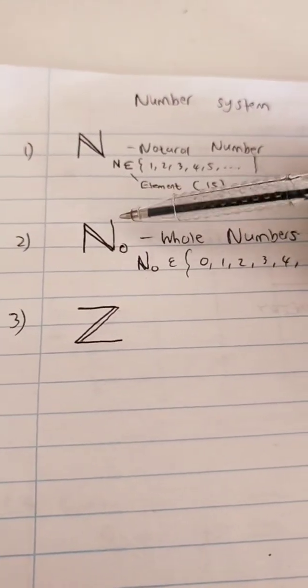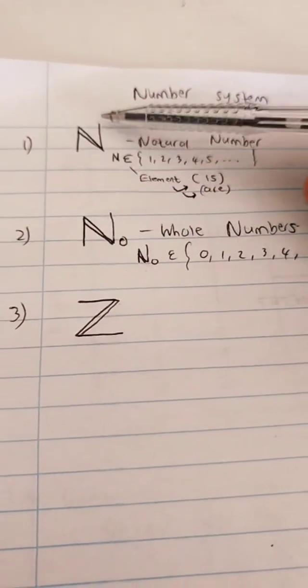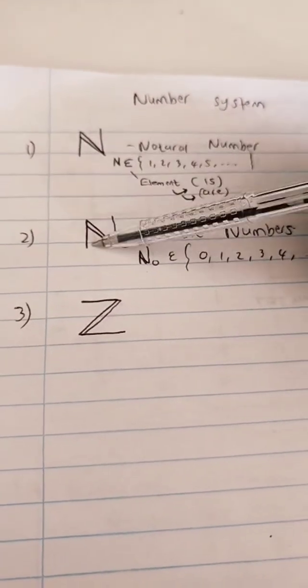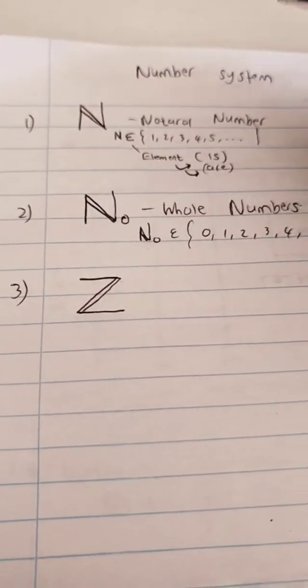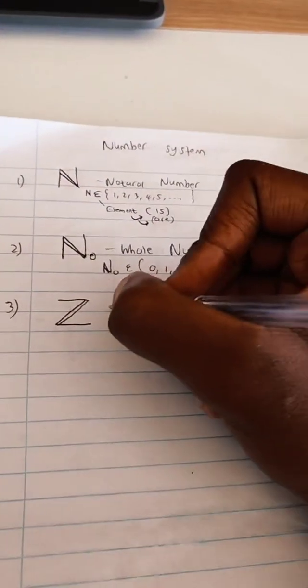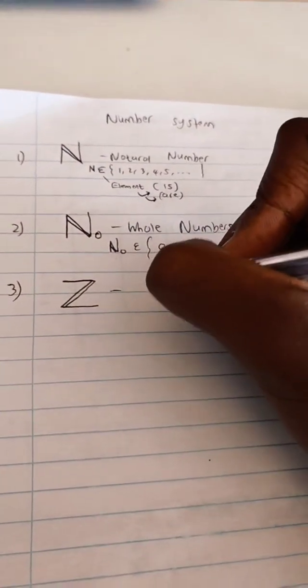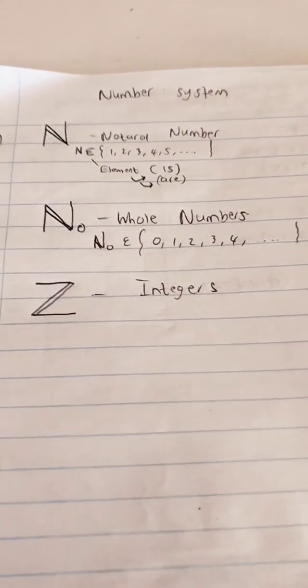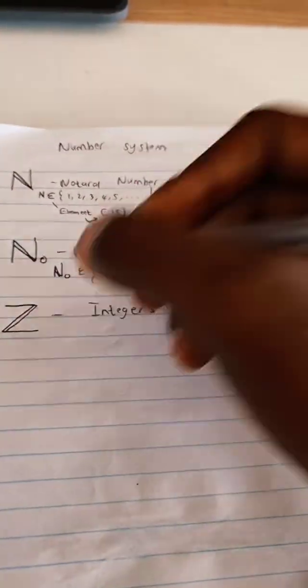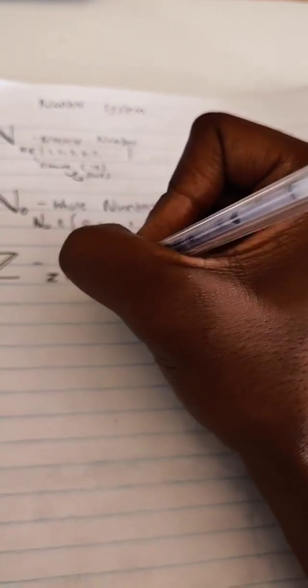And the funny thing is, many kids, oh my goodness, they do pure maths and they don't know the basics of these things. Thank you. Integers. What are integers? The definition of integers. All right, very important. You guys need to understand what integers are.